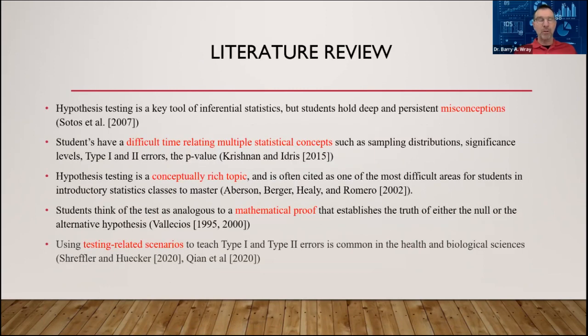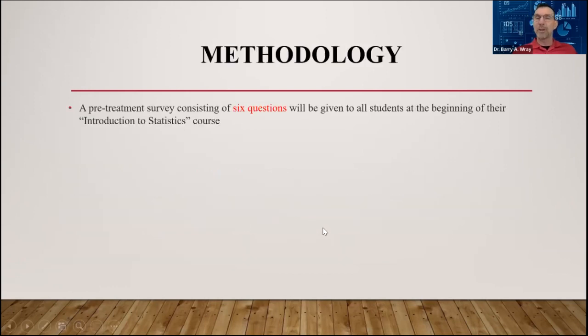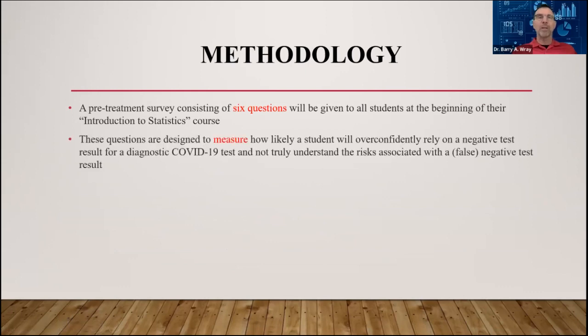Most of you here have probably taught introductory statistics courses, and you understand there's a lot of research on how students have a tough time with the course, and it's true, and I know that from my experience. So we've already come up with 6 different questions, and based on these six questions, we're going to try to measure how likely it is for a student to be overconfident when they receive a negative result for a diagnostic COVID-19 test, and whether they really understand the consequences of the false negative when they really do have COVID-19.